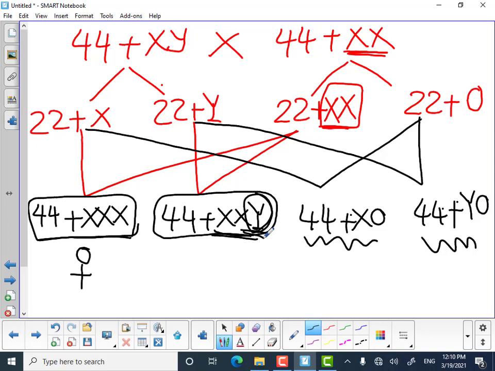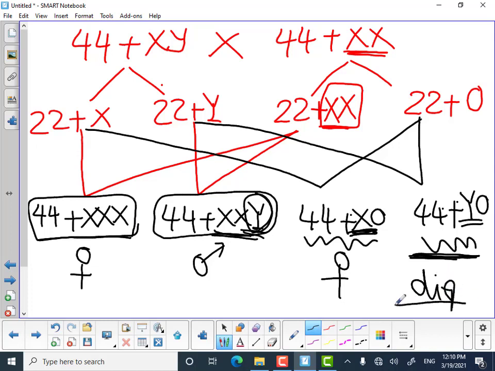In the absence of a Y chromosome, this baby will be female. And this fetus, due to the absence of an X chromosome, will die. The baby must have at least one X chromosome to stay alive.